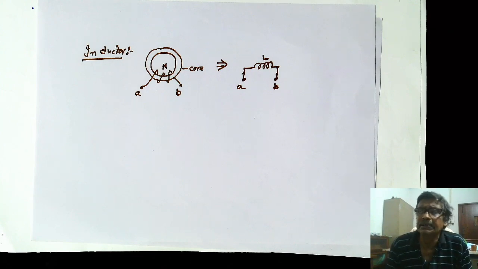But if the resistivity is very small, vanishingly small, or conductivity is very large, then very good material, let us assume. Ideally, of course, I cannot make a piece of wire which is not having any resistance.